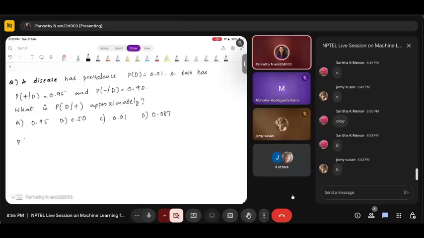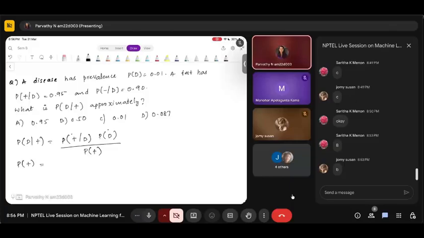We have to find the probability of D given positive. This is the probability of plus given D and the probability of D, divided by P of plus. So this is given, this is given. How do we find P of plus?